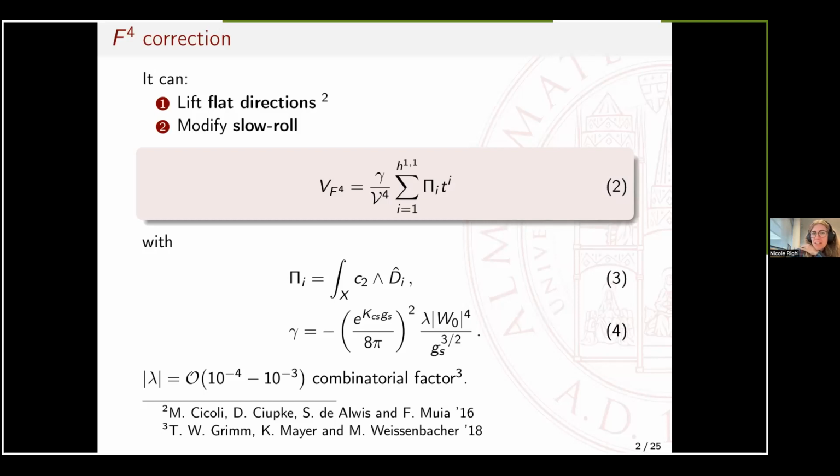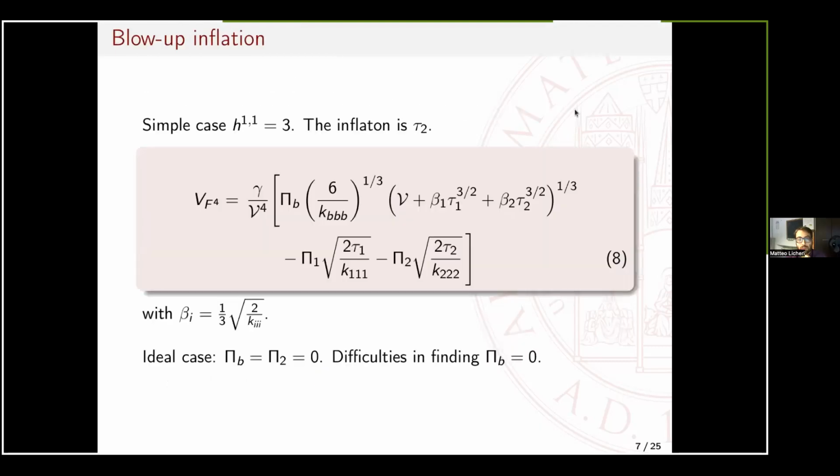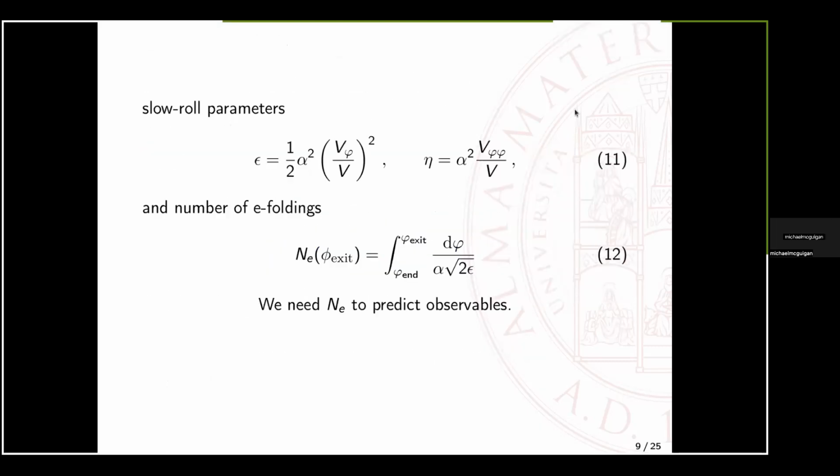We have a question by Michael. I just had a quick question. Your plot of the inflationary potential, if you could go back a couple of slides. It was like a slow roll type potential.